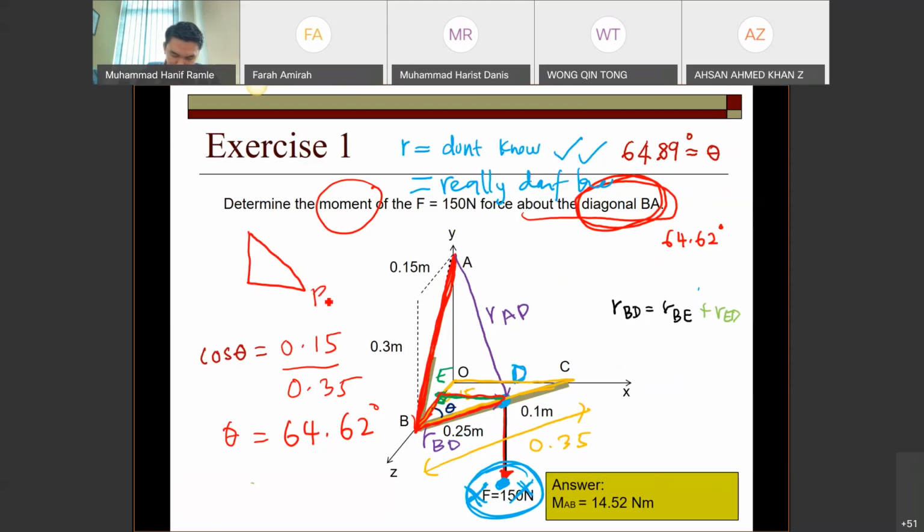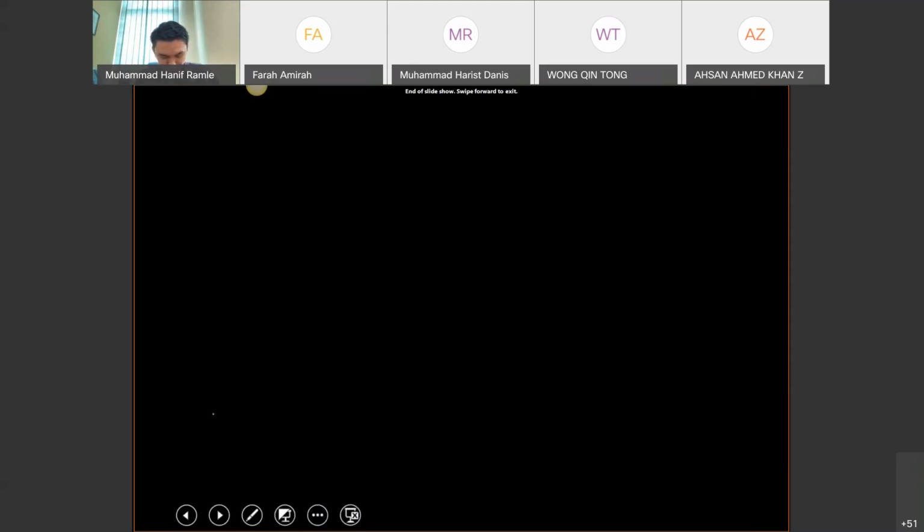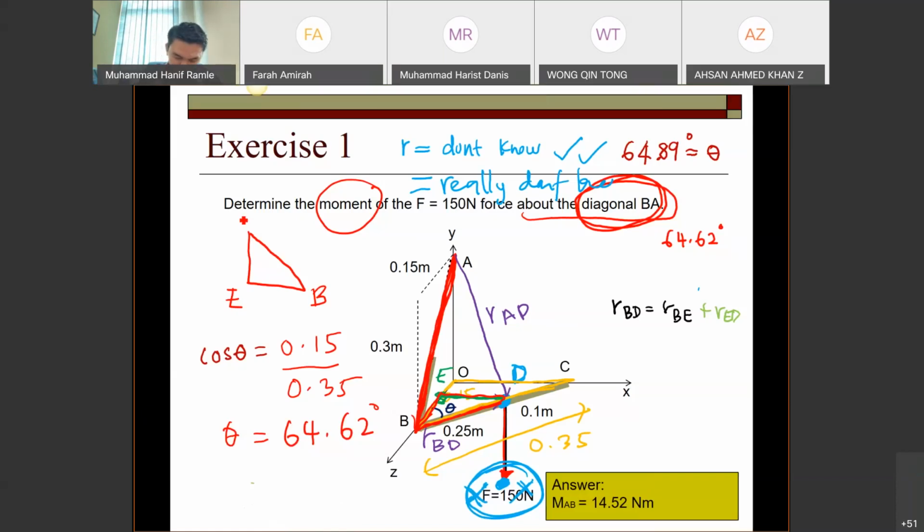This is point B, this is point E, and this is point D, and theta is here. So we can get the values of EB and ED. BD is given as 0.25. Can someone tell me what is the value for EB and ED?